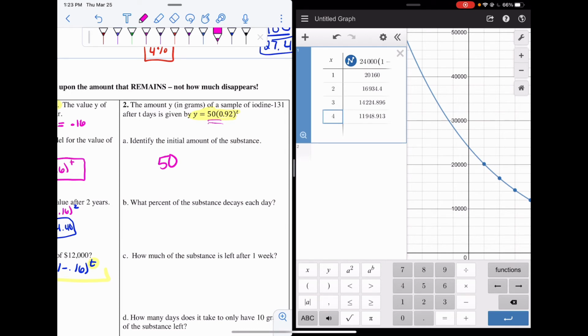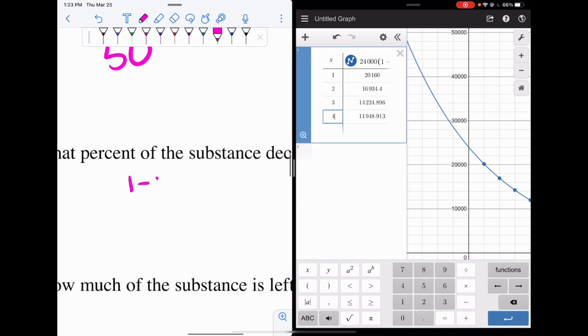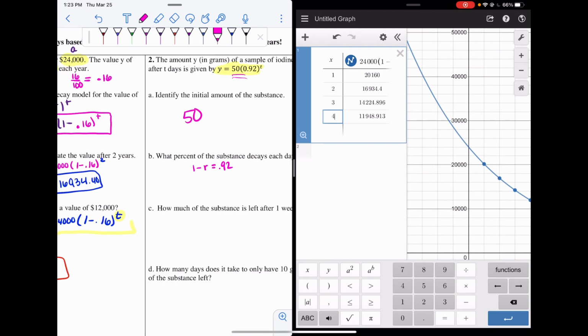Part B says what percent of the substance decays each day. So I have to go to the inside of my parentheses, and the inside of my parentheses is that 0.92. So I'm going to set 1 minus r equals 0.92, and I'm going to solve this equation for r. So I take away 1 from both sides, and I get negative 1r equals negative 0.08.